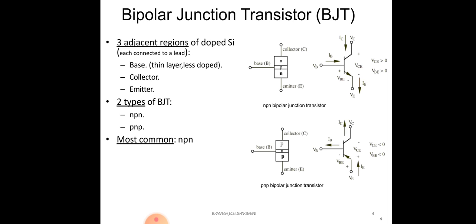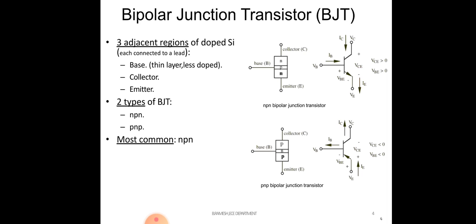Okay. So here the charge carriers come from the emitter region. You can see here the symbol of npn and pnp transistor. The arrow mark outside represents npn transistor, and in pnp transistor the arrow mark is inside, representing the current flowing inside, that is, the flow of charge carriers.